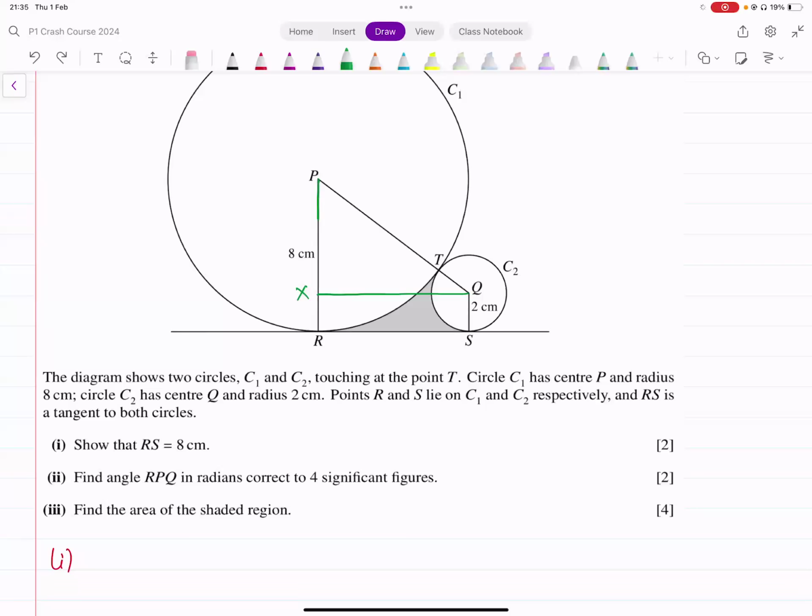How do you find the length of XQ? What's the length of PX? The length of PX would be 6 because this complete length is 8 and the lower part is 2. So what's left above? It's 6.